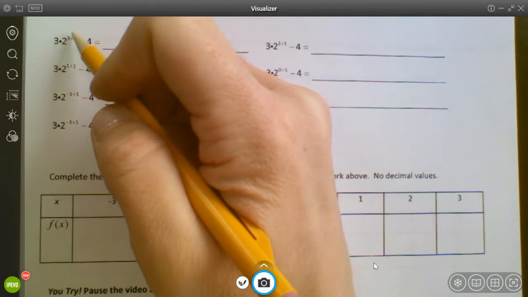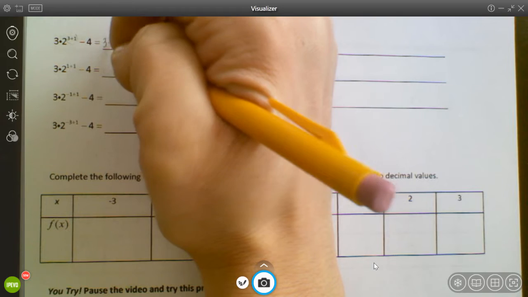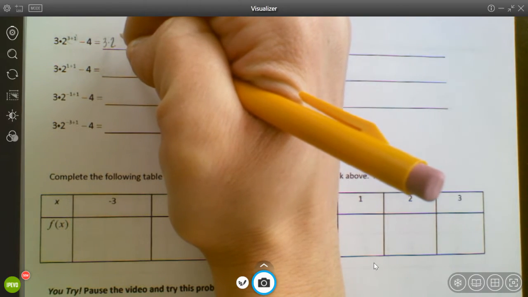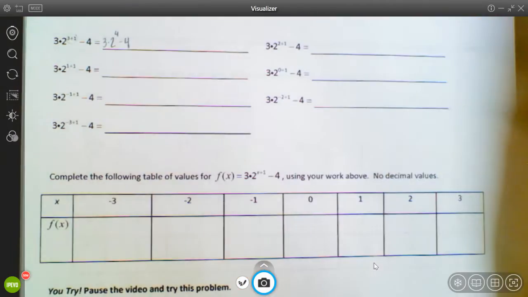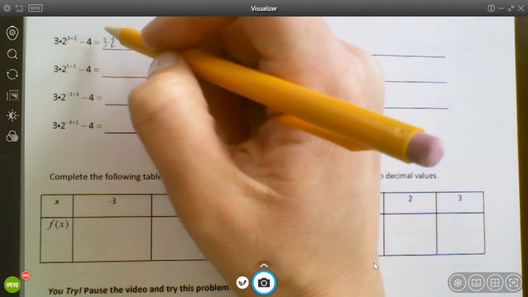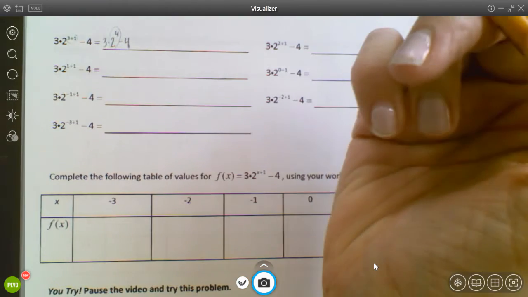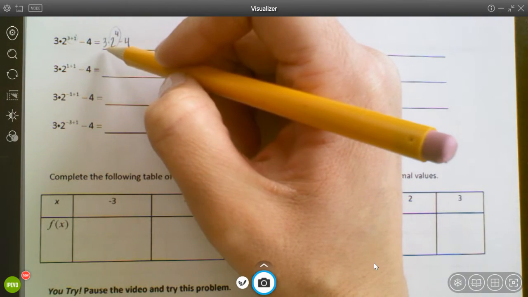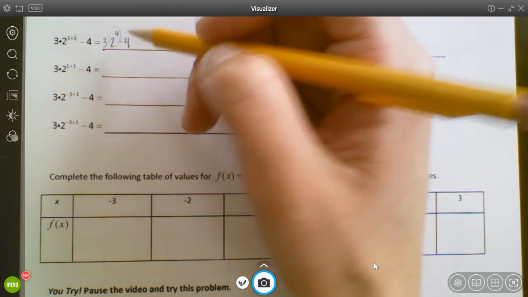So we want to go ahead and evaluate the exponent first. So I'm going to simplify this to be 3 times 2 to the 3 plus 1, which is 4, minus 4. So be careful here. What I want to do first is, again, I still want to evaluate this base with the exponent on it, but then I'm going to follow my other order of operations that says I need to multiply before I add or subtract.